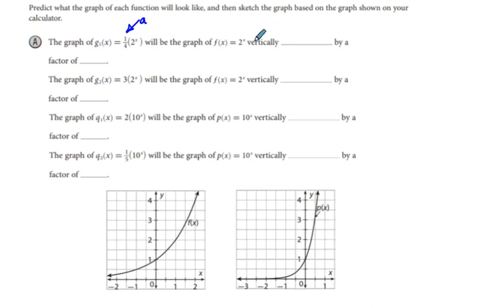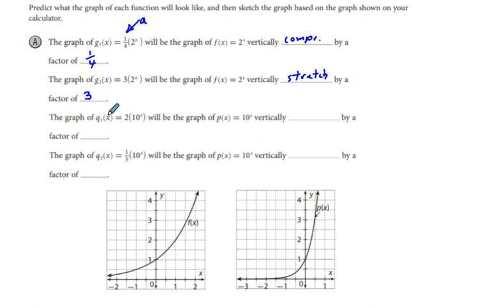So what this does, it vertically compresses by a factor of 1/4. Okay, now we have this graph of g of x equals 3 times 2 to the power of x. We have a vertical stretch by a factor of 3.